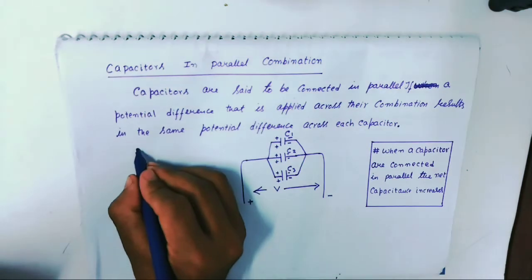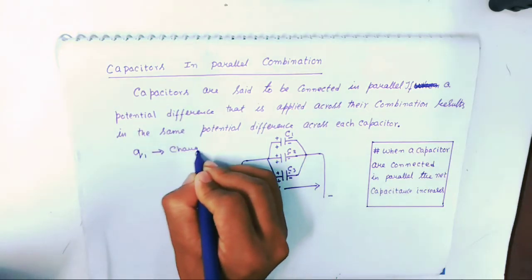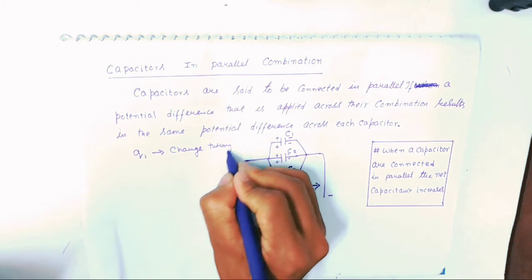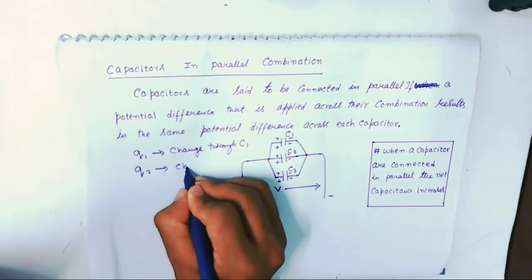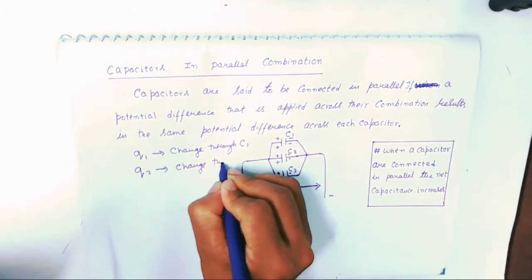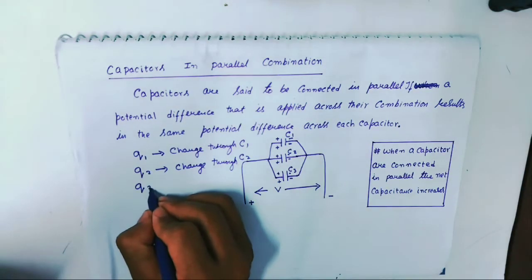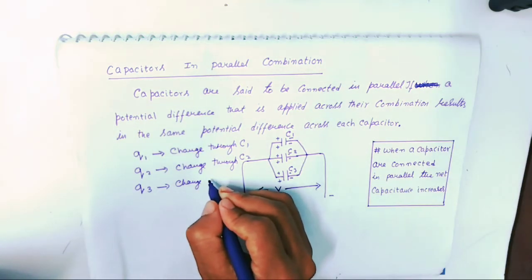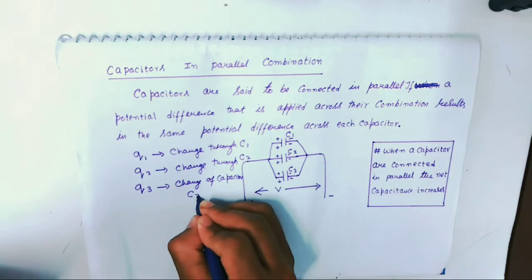That is, if Q1 is the charge through C1, then Q2 will be a charge through C2, Q3 will be a charge of capacitor C3.